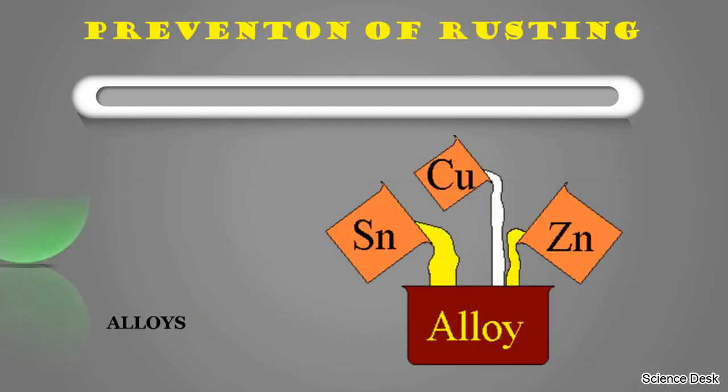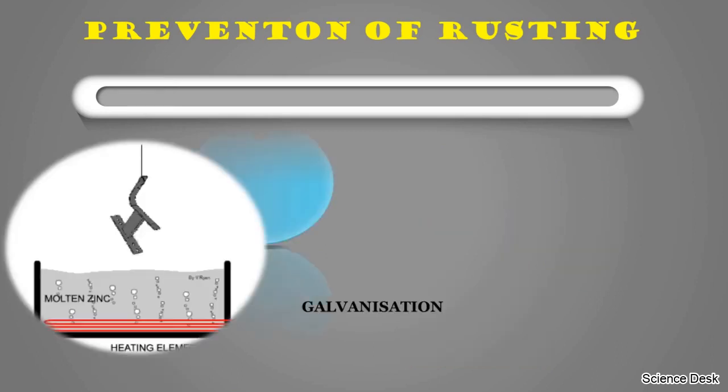And how do you prevent the rusting process? Alloys. An alloy is a mixture of metals and non-metals. When iron is mixed to form an alloy, for example stainless steel, this prevents the oxidation process that happens in iron. So rust will not form easily and iron oxide will not form that easily.